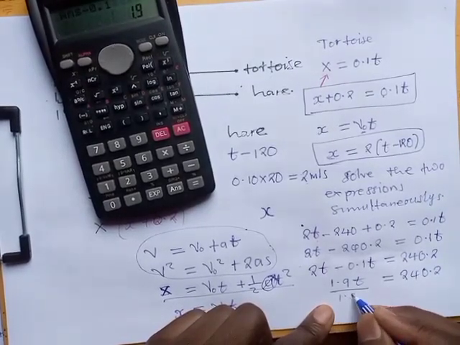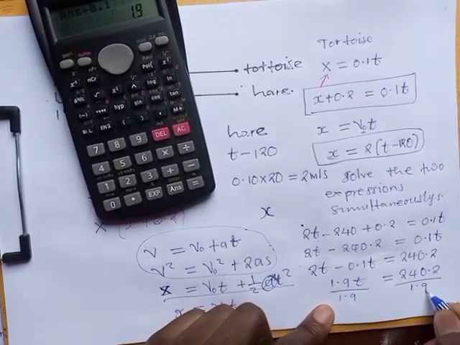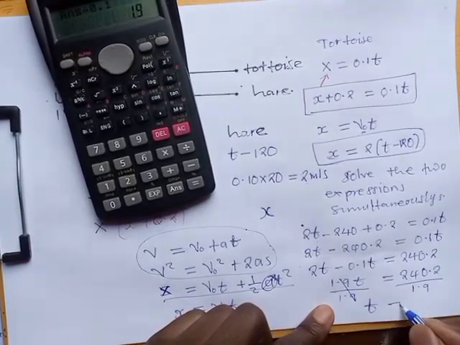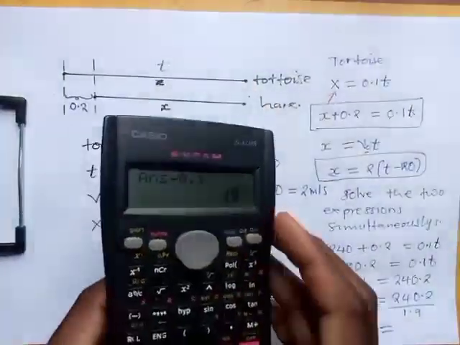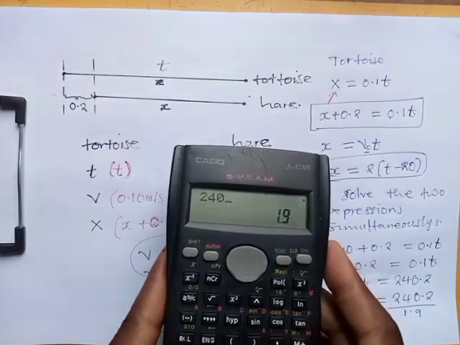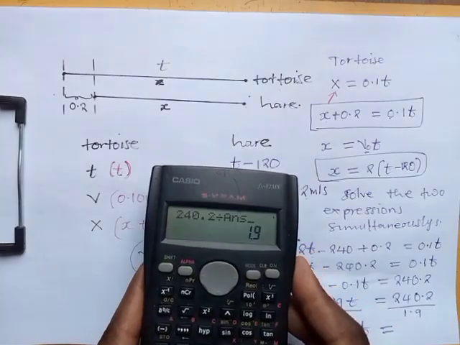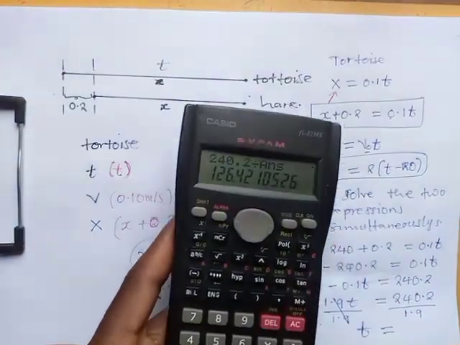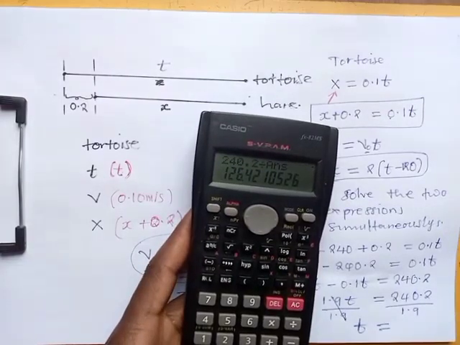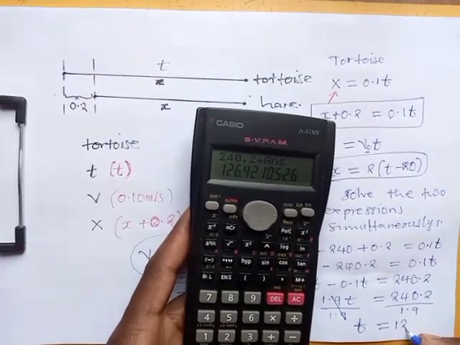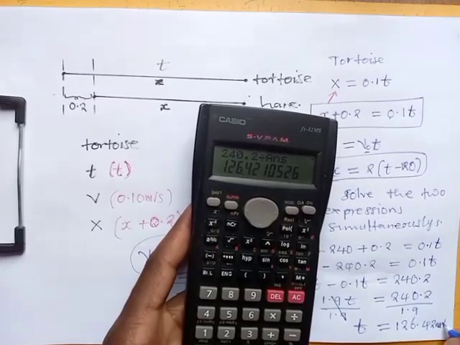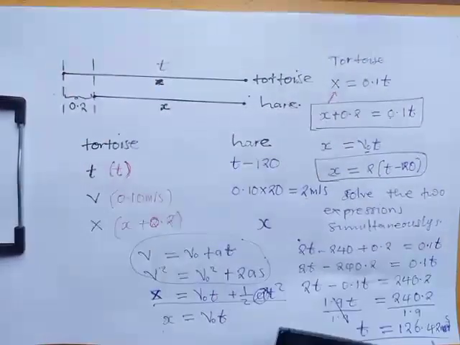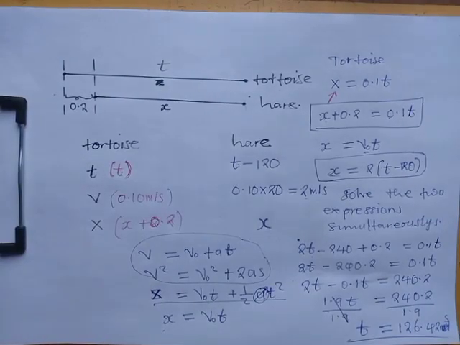I'll divide by 1.9 on both sides. Definitely, the total time they had covered is 240.2 divided by 1.9. So we are getting 126.42 seconds. This was the total time the race had to end on.